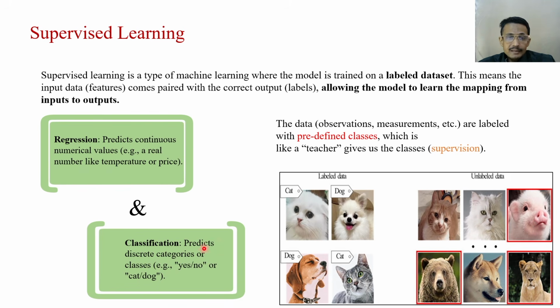That means, okay, this is a cat, this is a dog, this kind of thing is discrete data. It's yes or no, or cat or dog, something like that. So this is the main idea of supervised learning: the model is trained on a labeled data set and has to map from input to output, from data instance to its label, and there are two types, regression and classification.